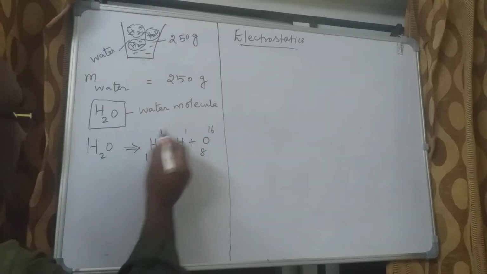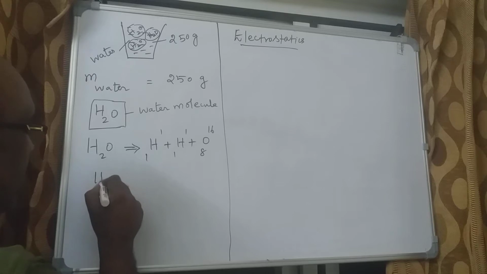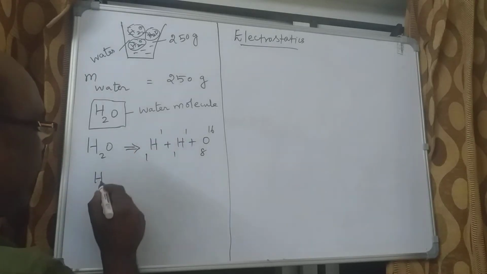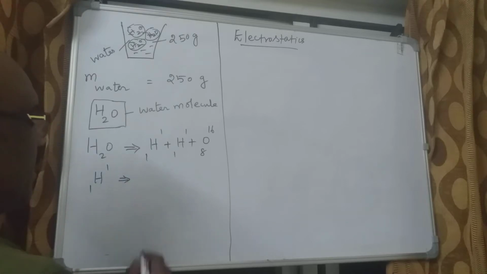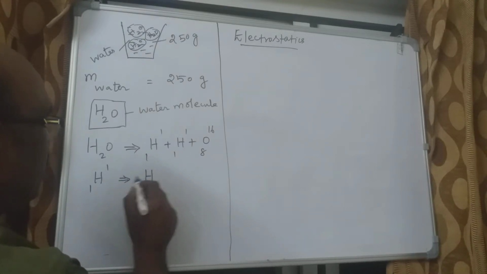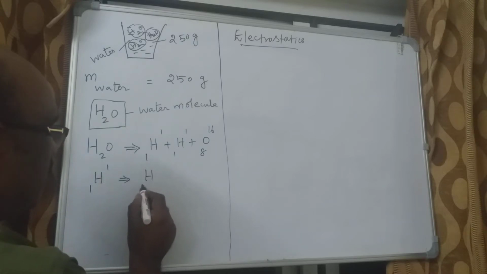We can explain this: the mass number and the atomic number of a hydrogen atom are given like this. So, this is the mass number and this is the atomic number.